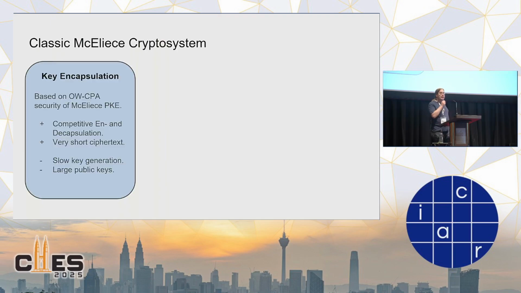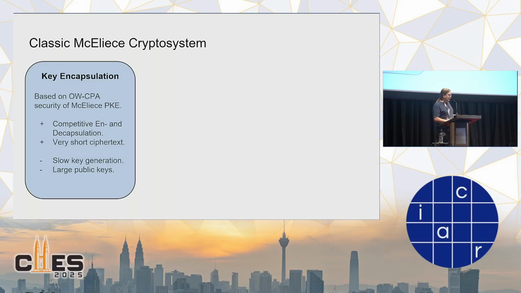Here I present to you the classic McEliece cryptosystem. It is based on problems in coding theory, and performance-wise it is competitive in encapsulation and decapsulation. It has very short ciphertext, but it has very slow key generation and large public keys.